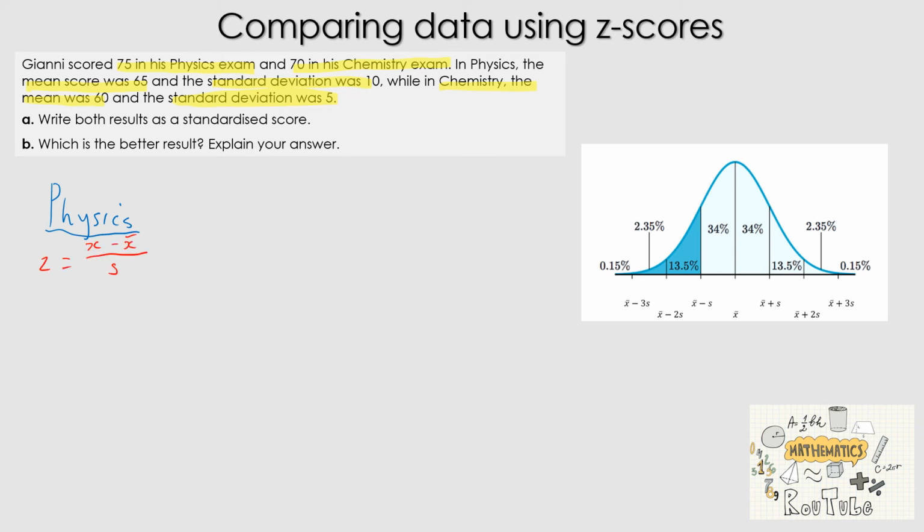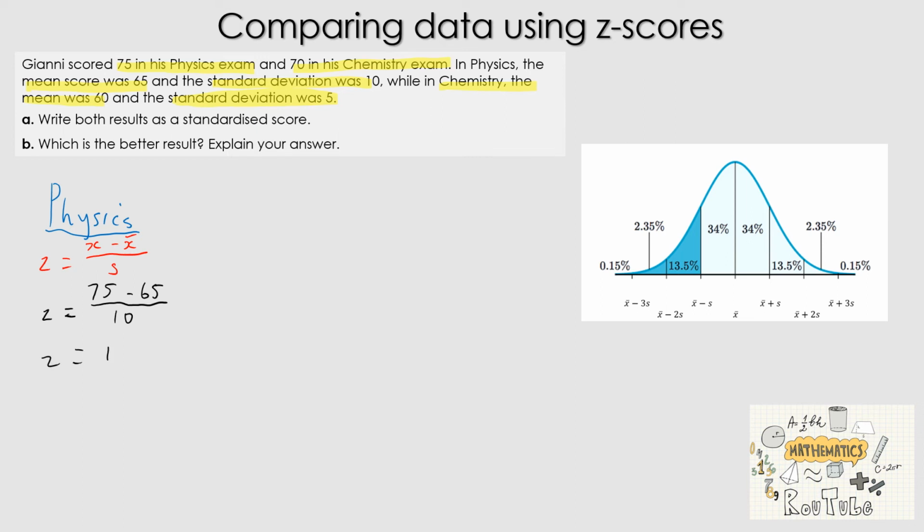All right, so we've got our formula, and now we can substitute the values into the formula. Gianni's actual score in physics was 75, and we're going to subtract the mean, which was 65, and divide it all by the standard deviation, which was 10. We can pop that straight into the calculator.